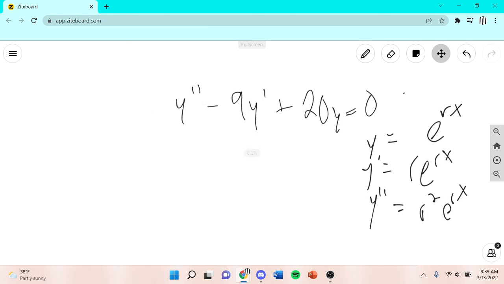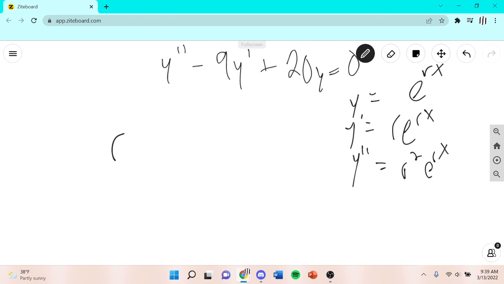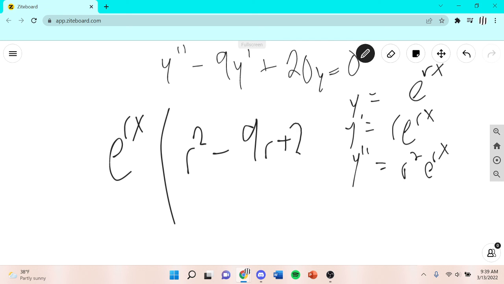Why is this cool? Because we can factor out the e to the rx. So let's just first plug this in here. Because we know each term has e to the rx, I'm just going to factor it out real quickly, and then we're going to say r squared minus 9r plus 20 is equal to 0. How neat is that?